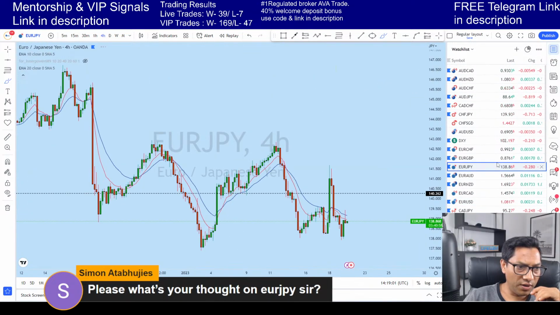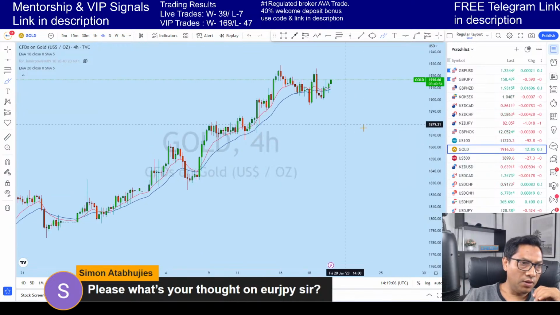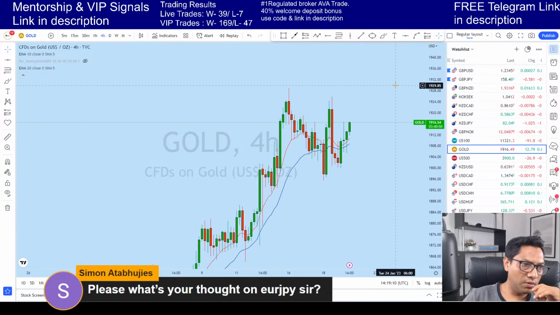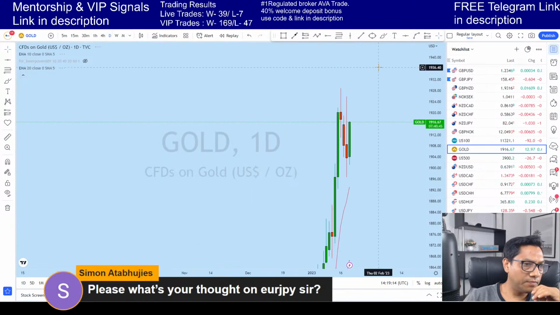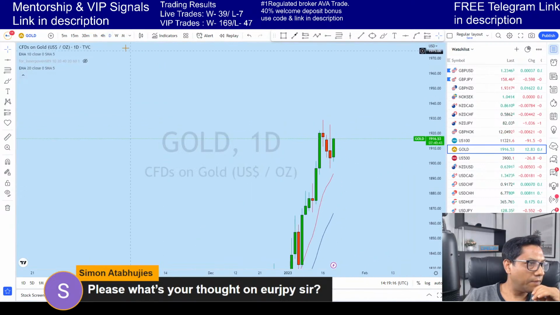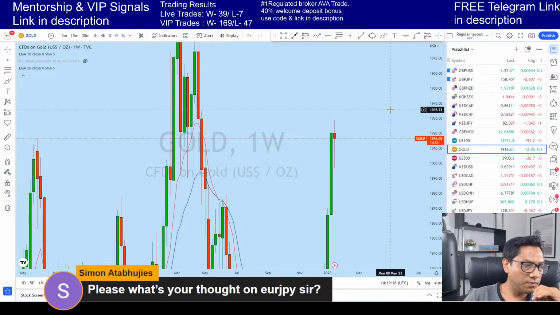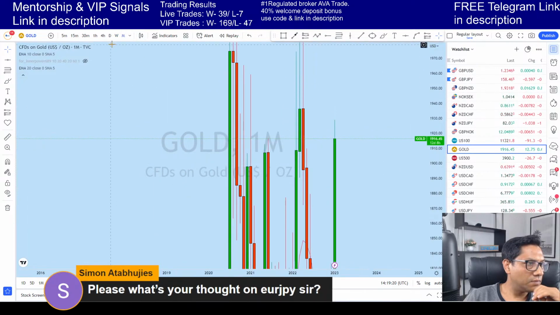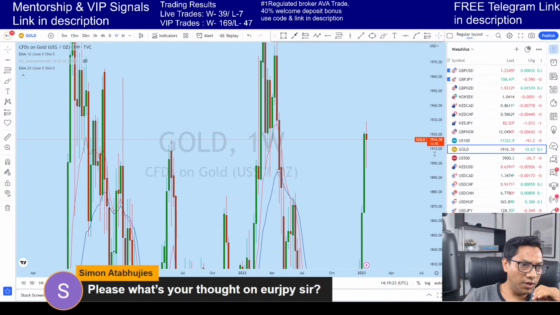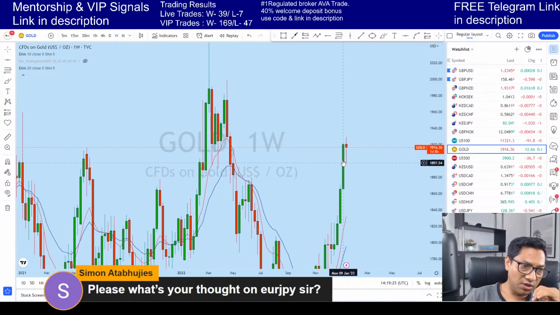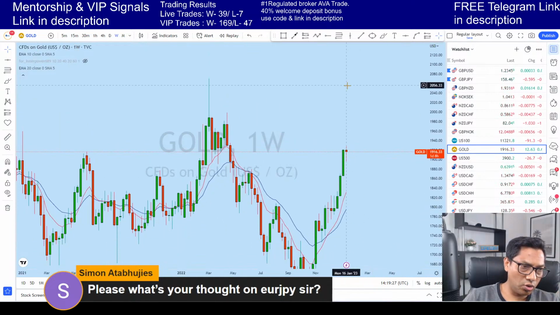Okay, so far, as I mentioned, gold is showing a very strong bullish move. Looking at the weekly, you see that gold is in a very strong bullish momentum.